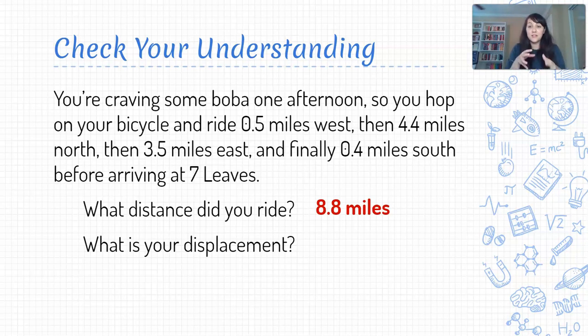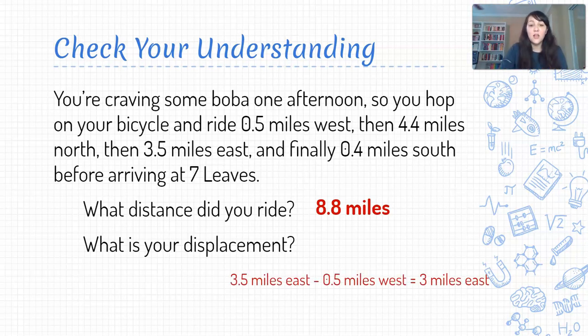So I'm going to break it down, since this is in 2 different dimensions, into the north-south and the east-west. All right, so for the east-west dimension, I know I'm going 3.5 miles to the east and then back 0.5 miles to the west, okay? And I know it didn't happen in that order, but I can add these in any order that I want to, as long as I'm sticking within a single dimension.